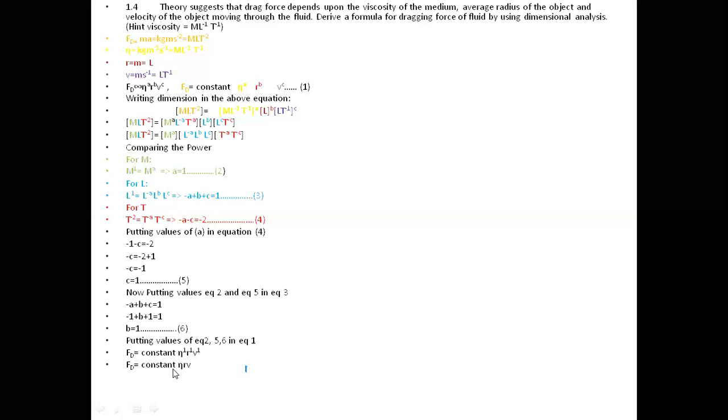F_t equals constant eta r v, which is basically the formula for the drag force. We can also represent it by F_t equals, instead of the constant, we can say 6 pi eta r v.